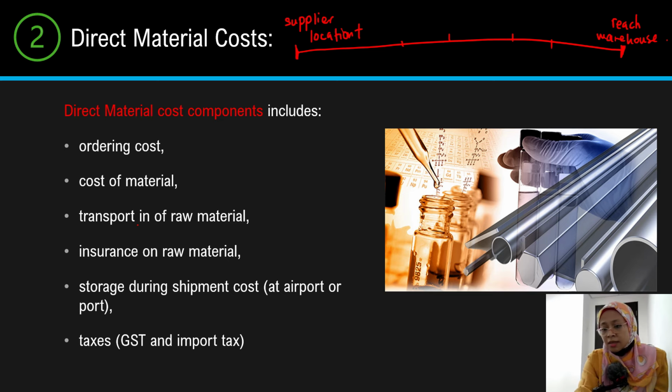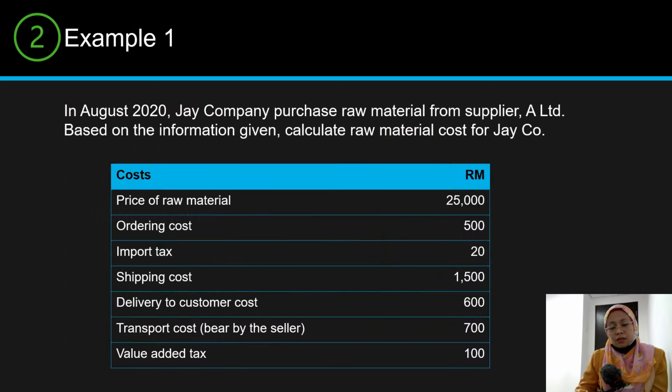Let's look at the example. In example 1, it mentioned that in August 2020, J Company purchased raw material from supplier Air Limited. Based on the information given, calculate raw material cost for J Company. It's not a difficult question.